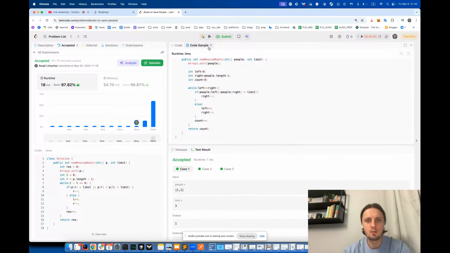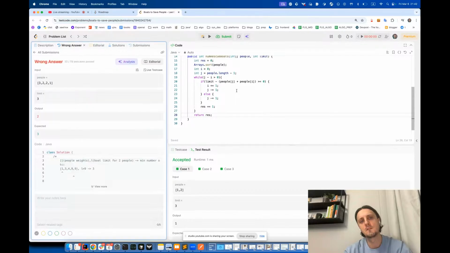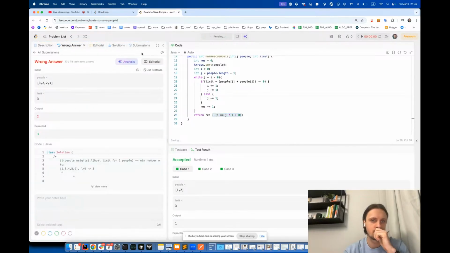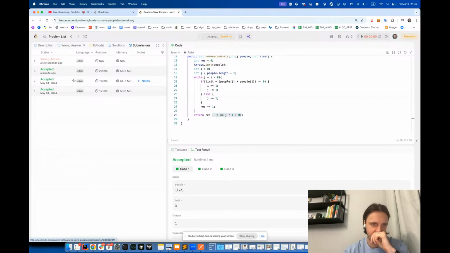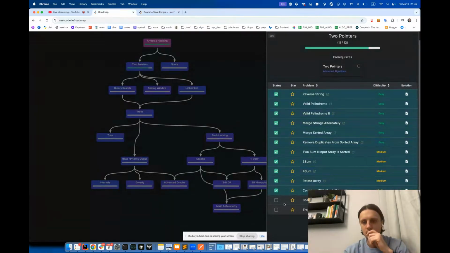What if we remove this one? Yeah, we see the same. So we actually need this. Okay, so I think we're done with this task, so let's mark it as done.